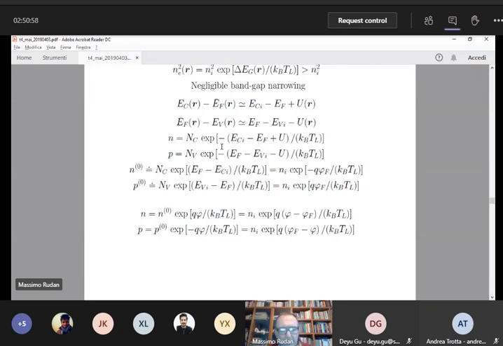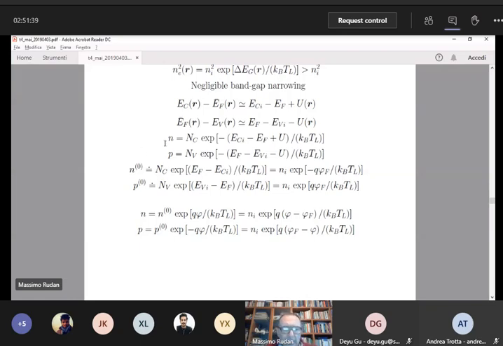So, consider the two general expressions of N and P and specify these expressions in the position of space in which U is equal to 0. Okay? So when U is equal to 0 here, the corresponding value of the concentration is called N up 0. So N up 0 is the value of the concentration of the electrons in a position of space in which the potential energy is equal to 0.